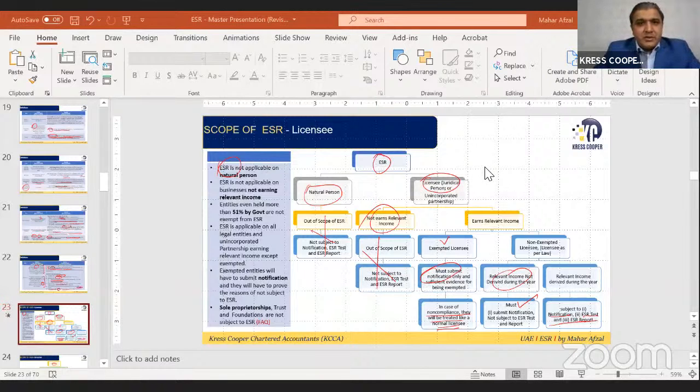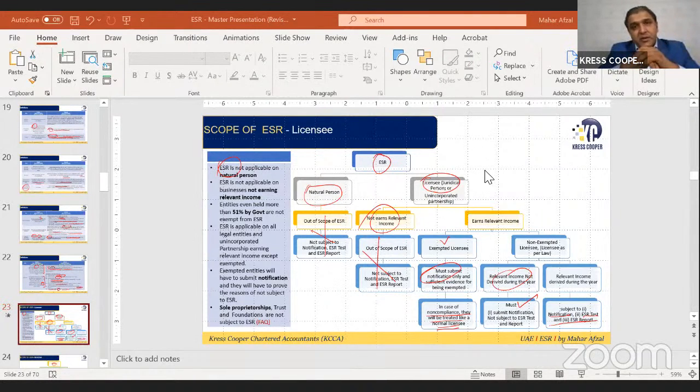Okay, one more question is there. What about the notification that has already been filed before the revised ESR regulations? Whatever has been filed, these notifications are no more valid, because the revised law and revised regulations have come, and they are applicable retroactively.